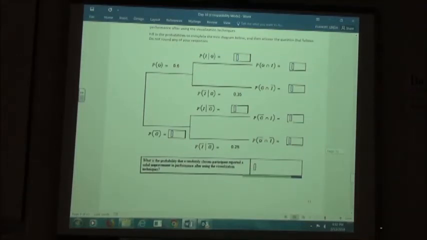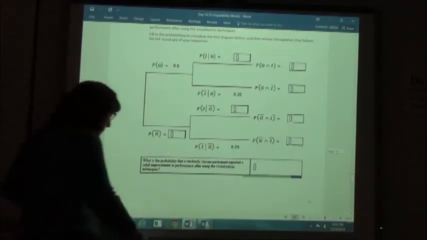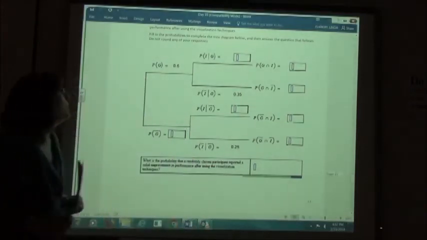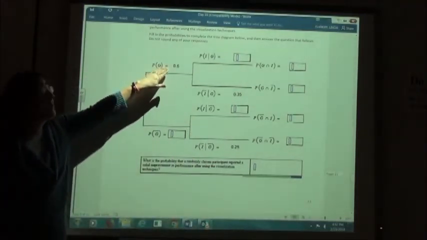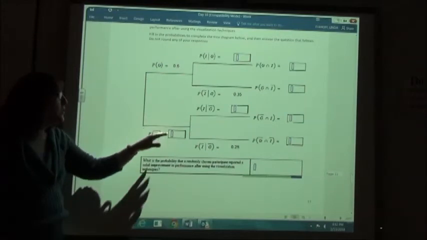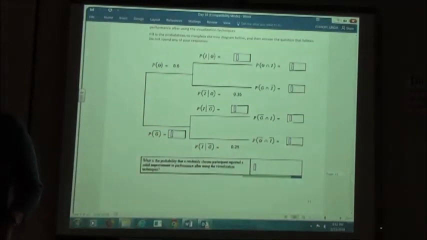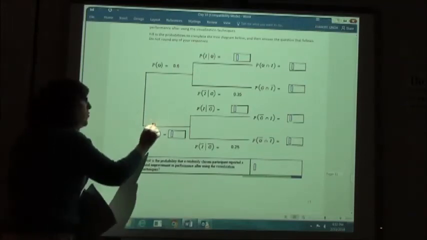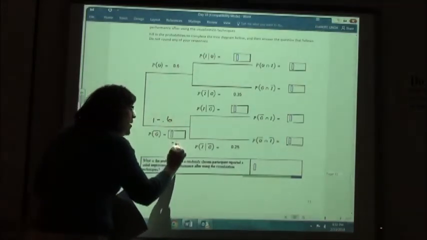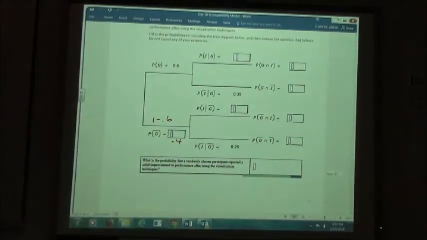The I is that they had improvement, the I with the bar did not improve. Filling in our table. We know that 60% were golfers, so what percent were tennis players or not golfers? 40. 1 minus 0.6 gives us 0.4 down there on the bottom.